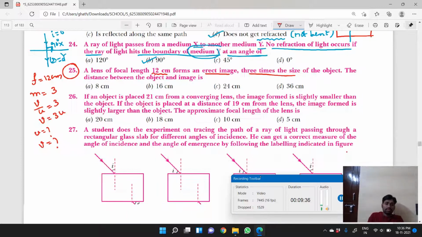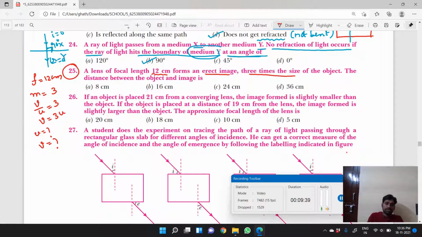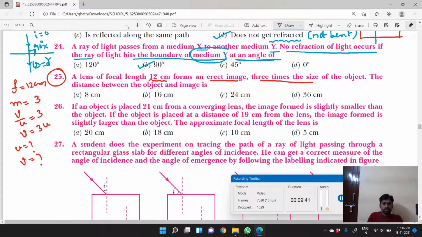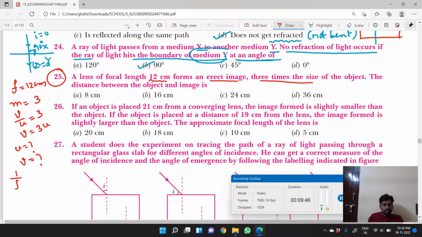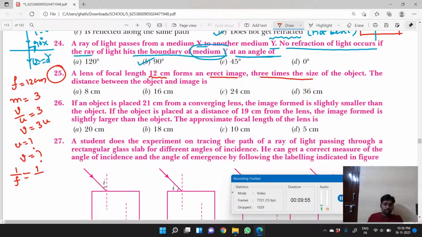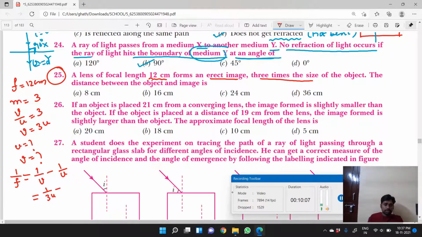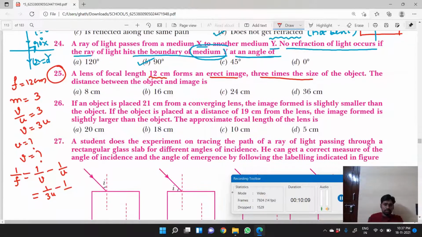In that case, what we have to do is, let me write the formula. 1 by f is equal to 1 by v minus 1 by u. Here 1 by v is 1 by 3u, minus 1 by u.